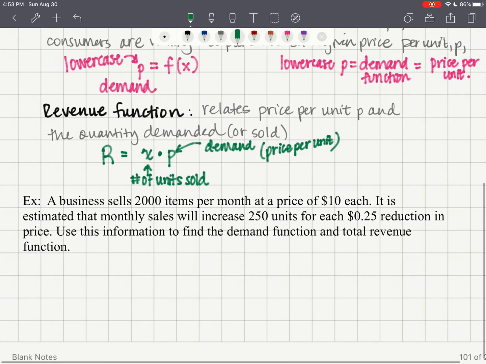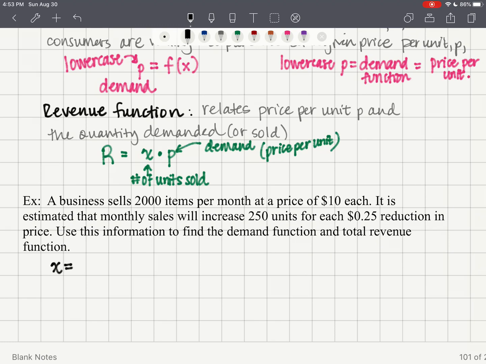A business sells 2,000 items per month at a price of $10 each. It's estimated that monthly sales will increase 250 units for each 25-cent reduction in price. Use this information to find the demand function and total revenue function. So let's look at this.